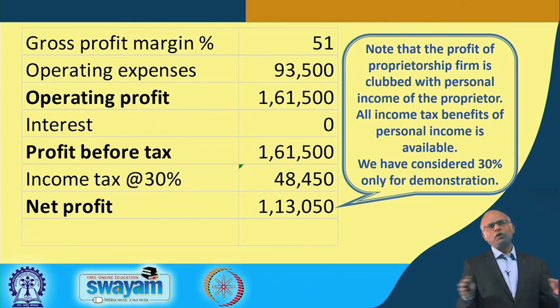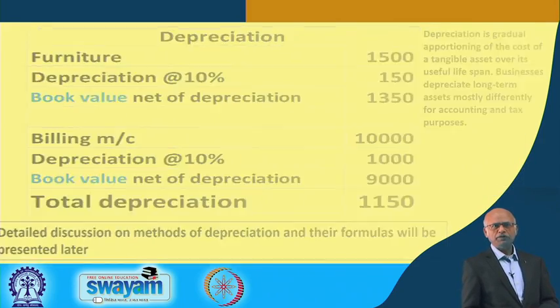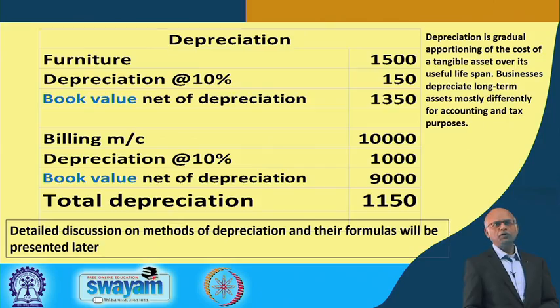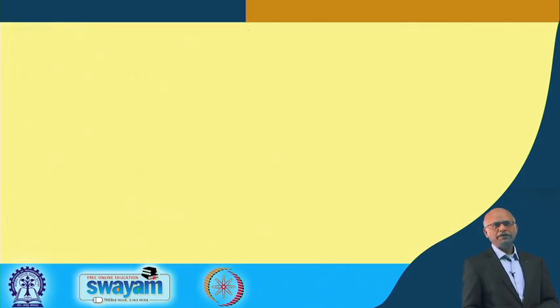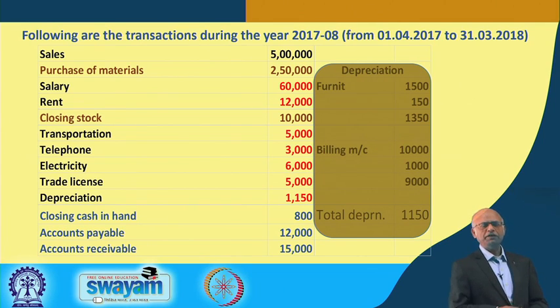So, you add up all the other expenses. I think we have a slide on that, we will go back a little bit and see operating expenses. Everything that you see in red ink, they are operating expenses: salary, rent, transportation, telephone, electricity, trade license, depreciation.